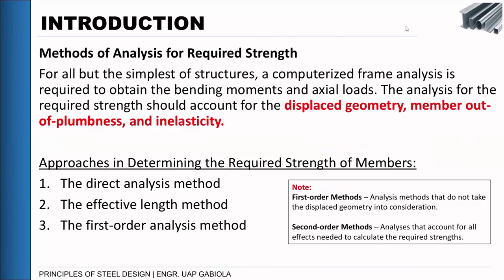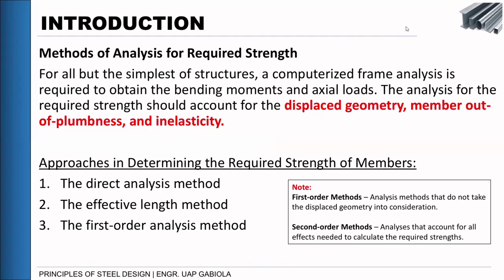So kailangan kapag nag-displace or nag-move yung geometry ng member natin, yung member out of plumbness. So ibig sabihin, we consider that our section, let's say our column, once it is being erected, it is not 100% na naka-straight, ano? Sometimes it exhibits some distance from the center line or from the vertical line.